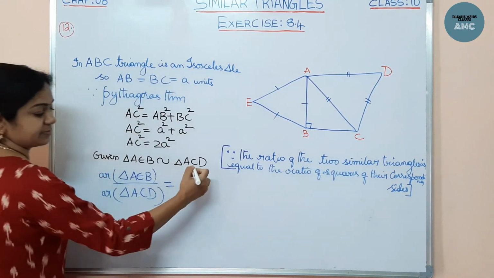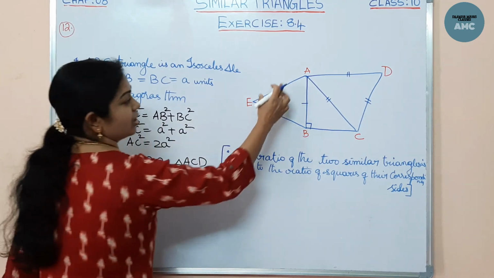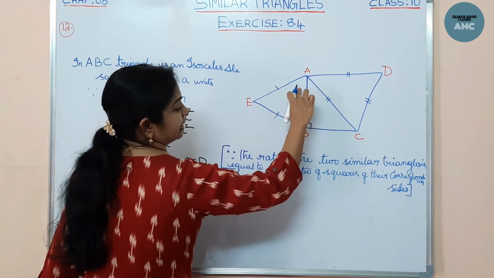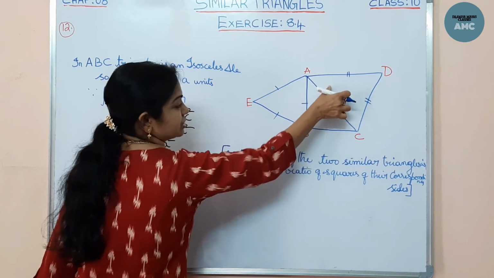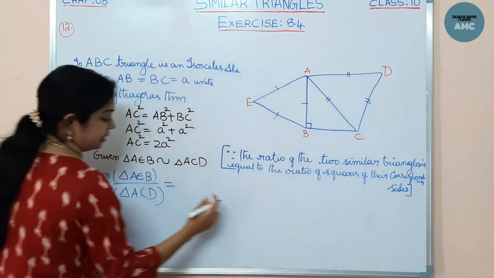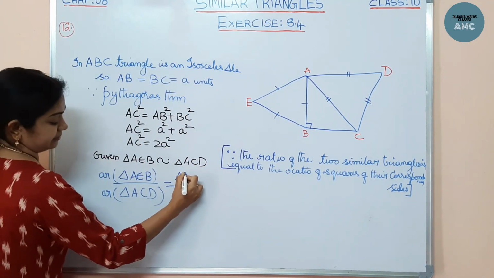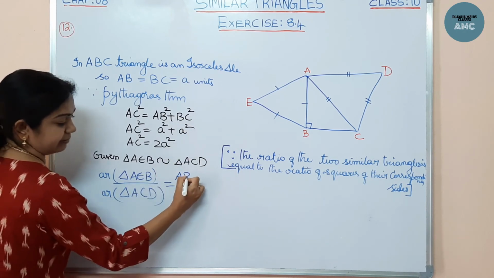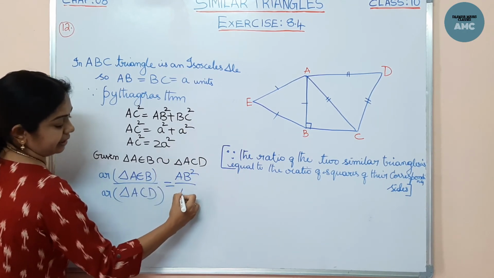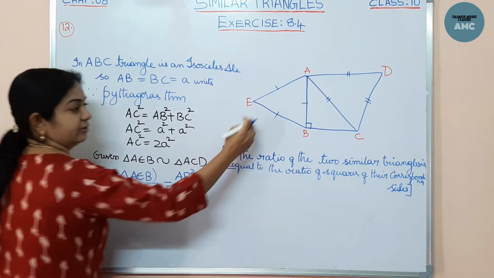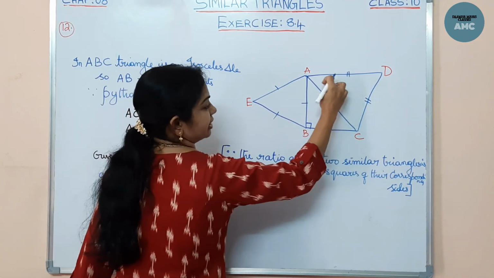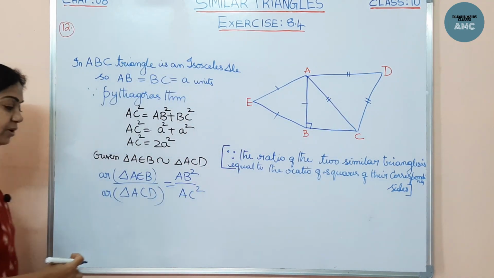According to the theorem, this must be equal to the ratio of the squares of their corresponding sides. I will be taking these two sides only, because these are the sides involved for these triangles. So AB square for AEB by AC square for ACD. That is the corresponding sides.